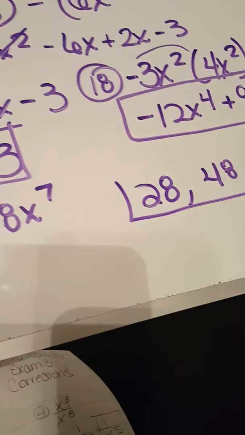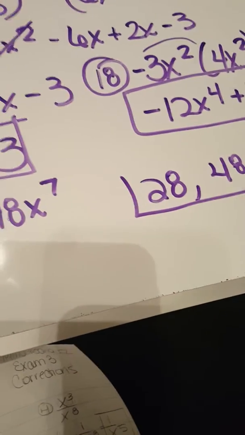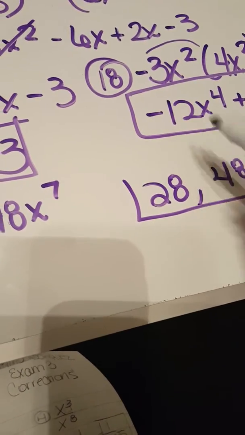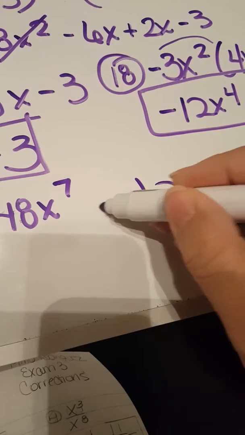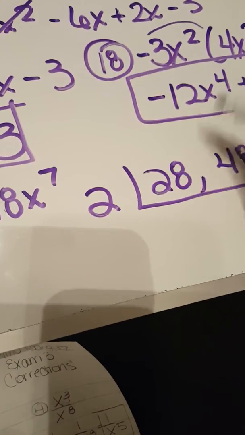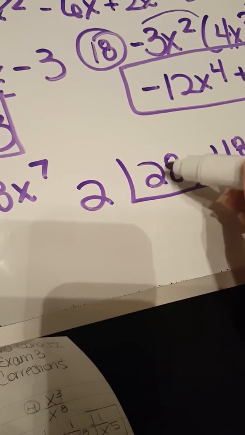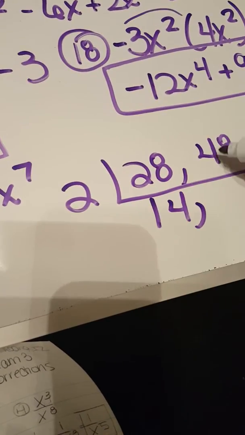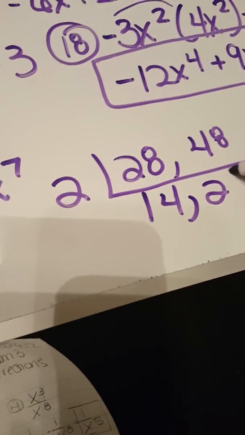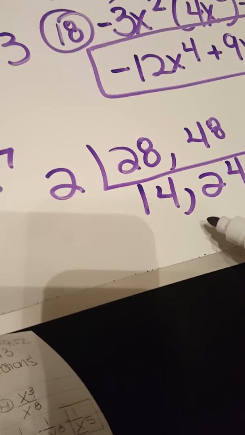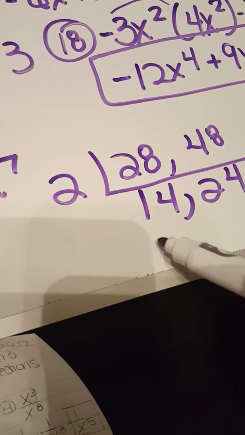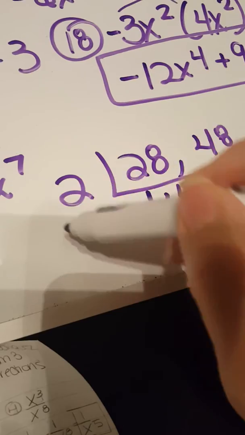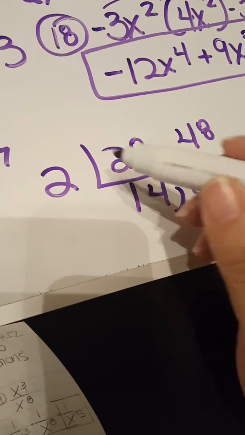And you do kind of an upside down like division. And you're looking at the numbers that will go into these two numbers. And you know that 2 is going to go into them evenly. And so you divide. So 2 goes into 2 once, 2 goes into 8, 4, and 2 goes into 4 twice, and 2 goes into 8, 4. And what you're trying to do is when you get an even and an odd where you can't reduce anymore, then you add these numbers up, and that is your greatest common factor.